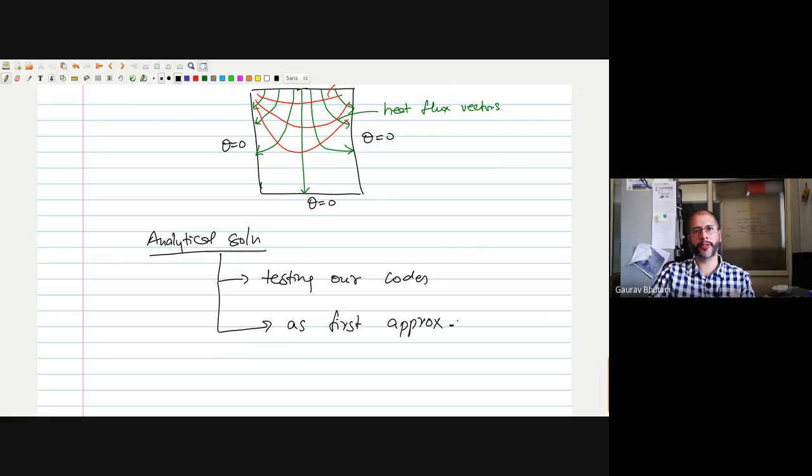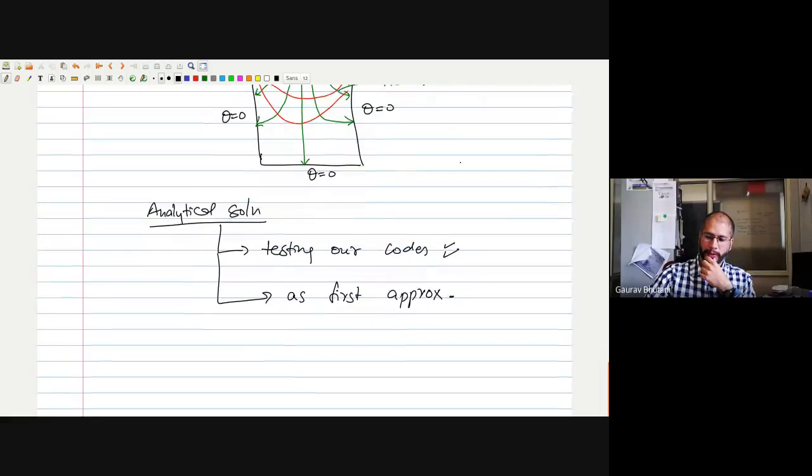Once we have more time and resources, we can solve the computer codes numerically and get a more accurate estimate. As engineers, we spend a lot of time developing codes, testing codes, and implementing them on high performance computing clusters or supercomputers, and then developing algorithms for making these distributed or parallelized processing more efficient and accurate.